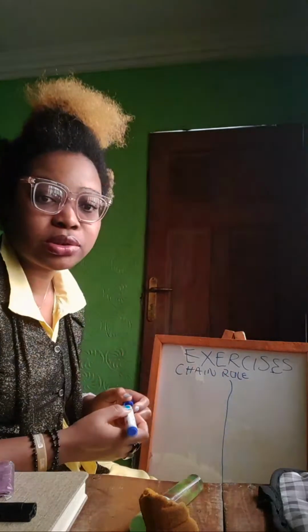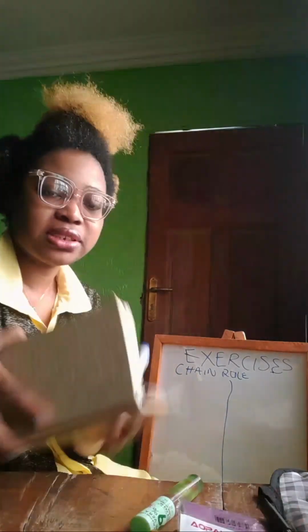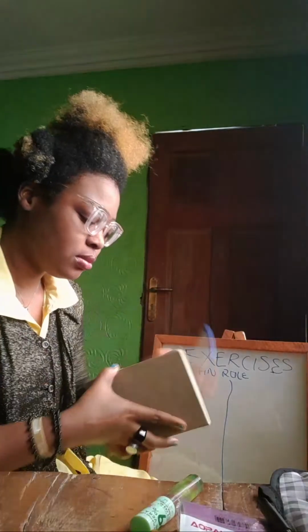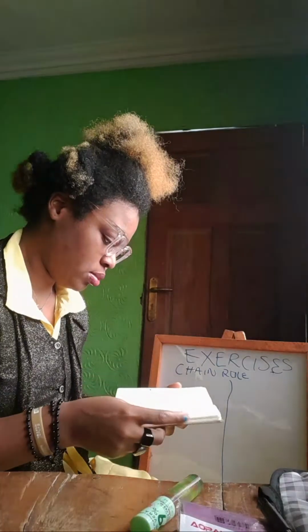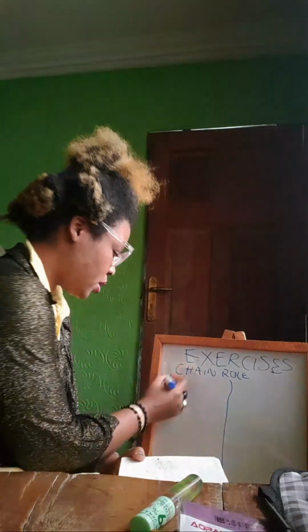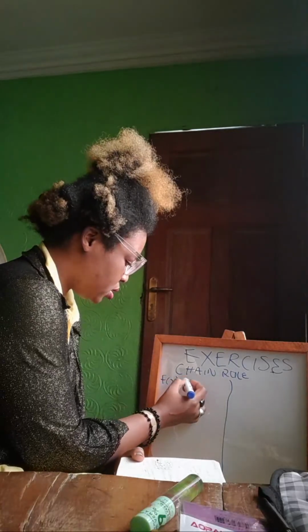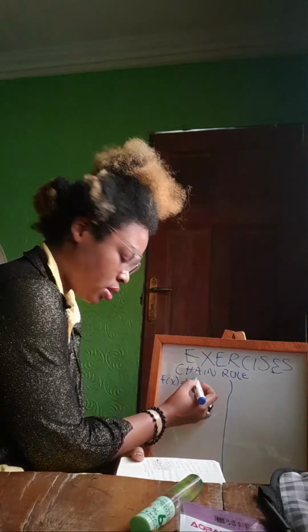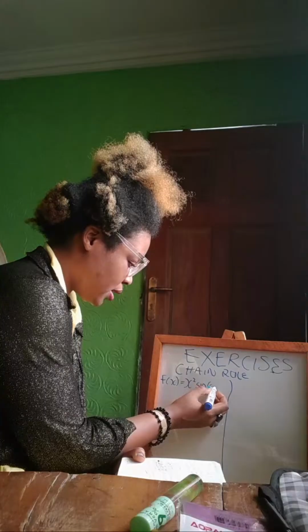My board is so small, so I have it here in my notes. So the exercise is this polynomial f of x is x squared sine x cube.